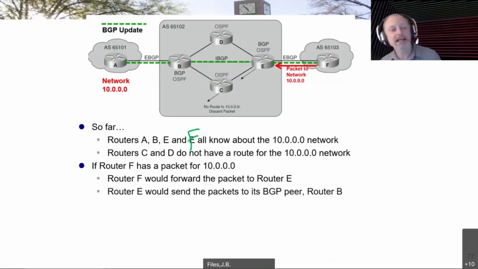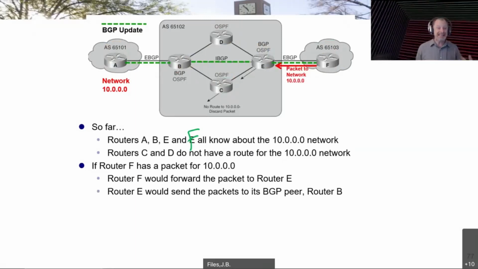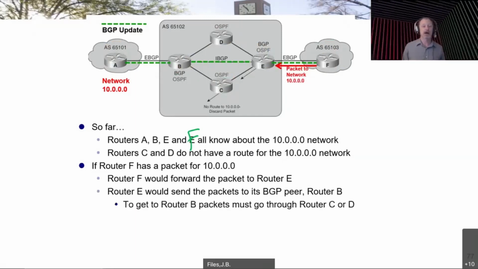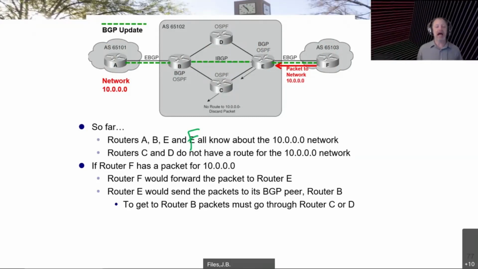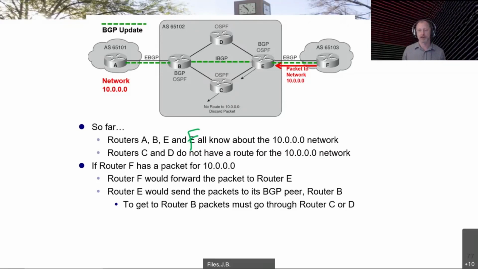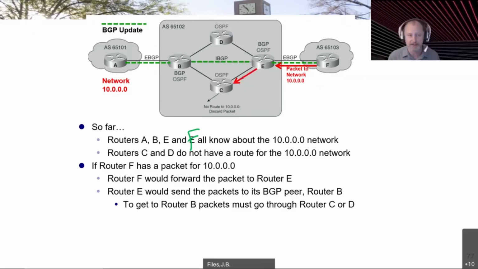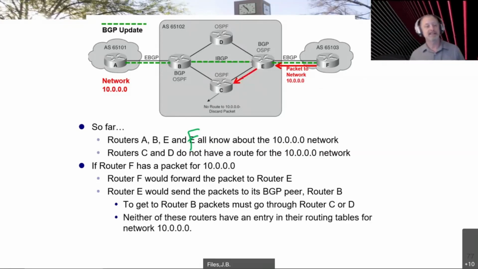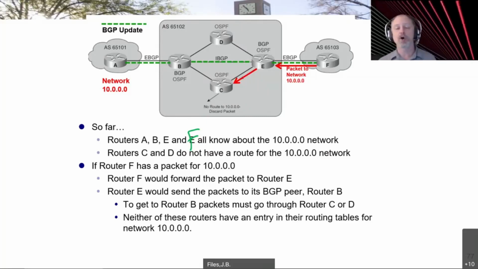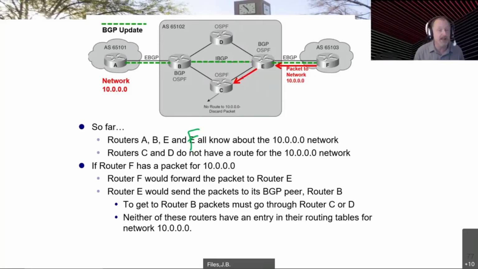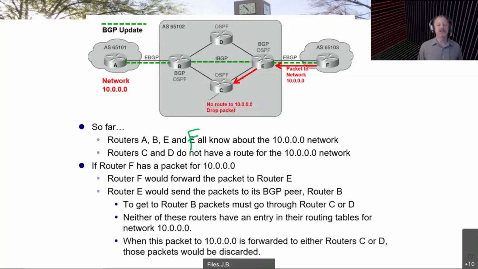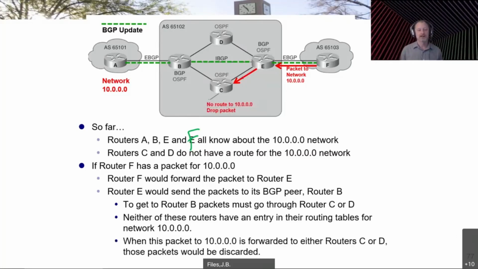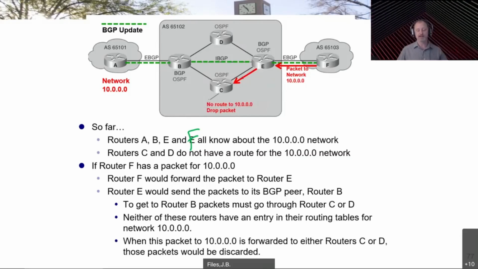Router E would then send the packets to its BGP peer, router B. But to get to router B, it's either got to go through C or D. Let's say it goes through C. C and D do not know about the 10 dot network, so it's not in their routing tables. So when this gets sent to either C or D, it doesn't have a destination for that, so it's going to get tossed.